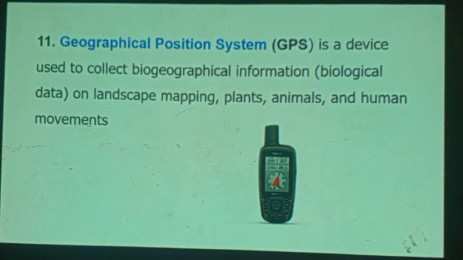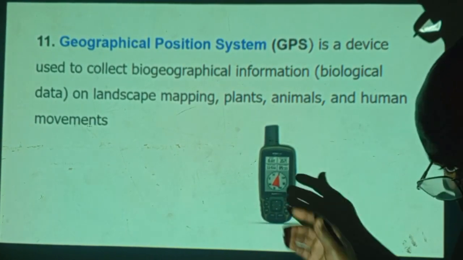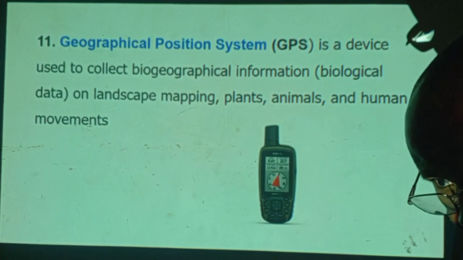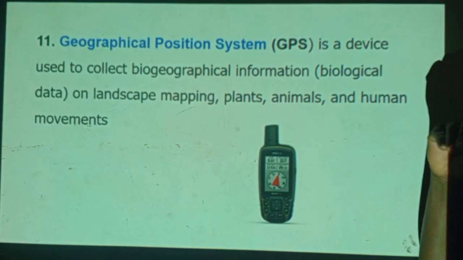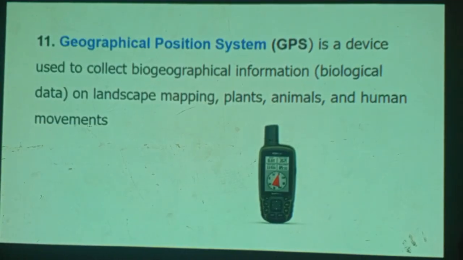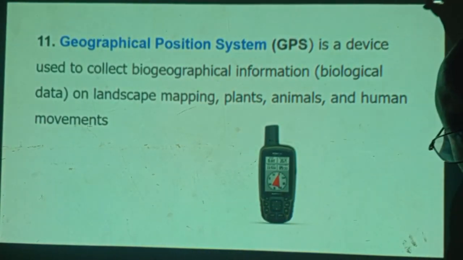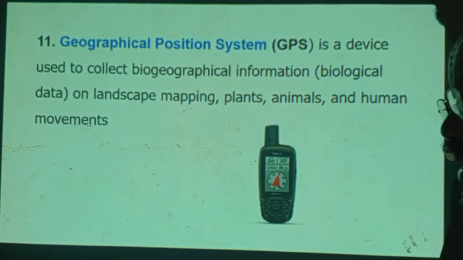The other is the geographical position, GPS, location. It shows you your location, where you are. It tells you not to lose your destination while you are working in the field, especially on a field tour. GPS, the global positioning system, is a device used to collect biogeographical information.